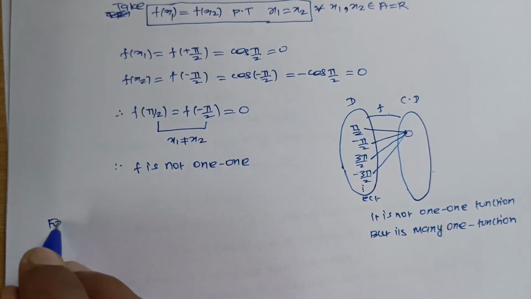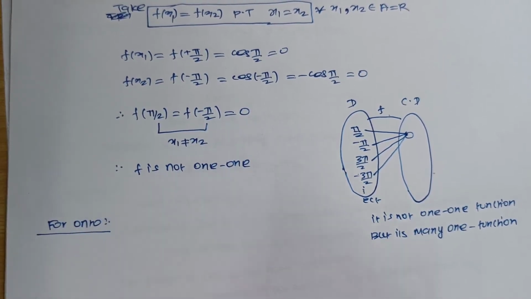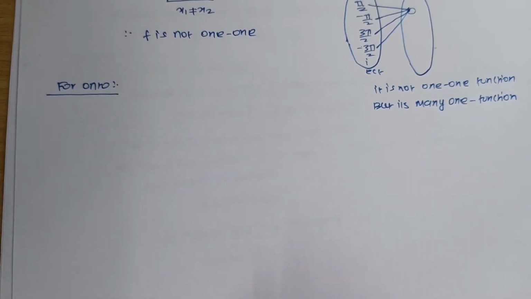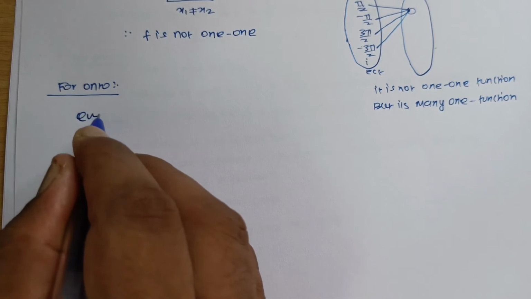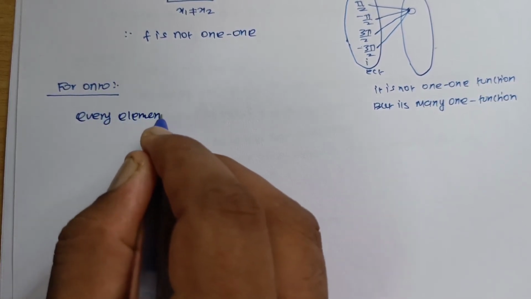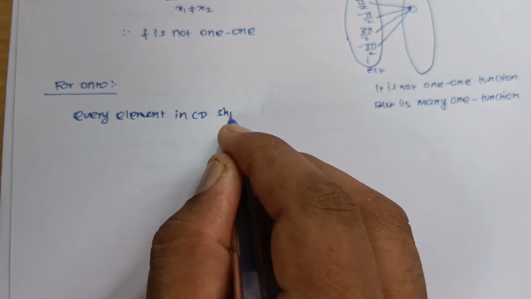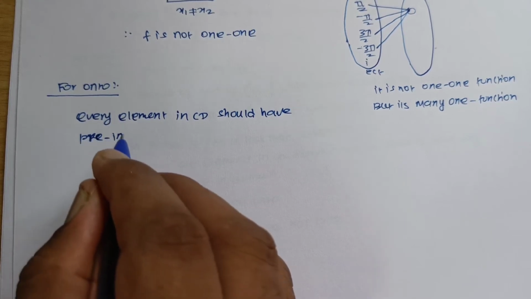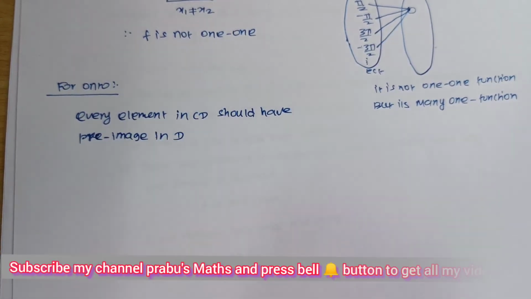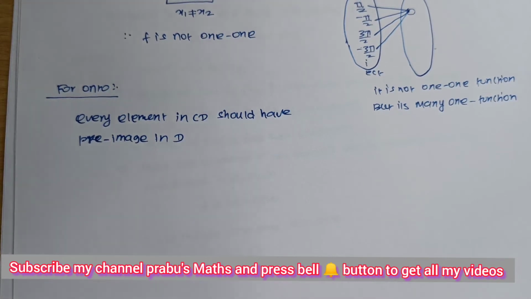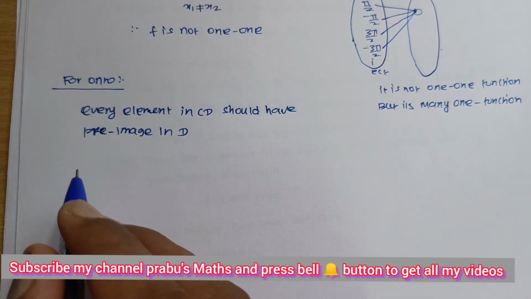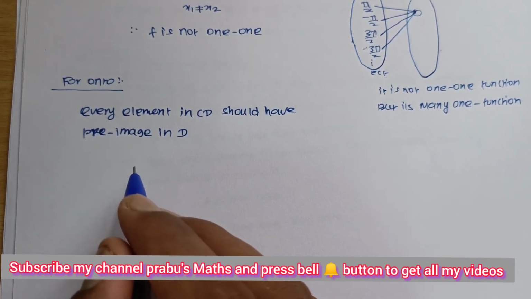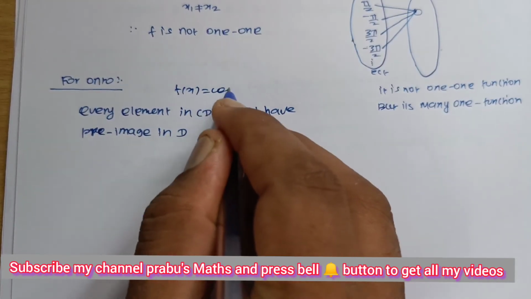Okay, for onto, what is the onto condition in 11th standard? Every element in the codomain should have a pre-image in the domain. Okay, but that is the 12th standard concept, but we'll do it the 11th way. Here the given function is f of x equal to cos x.